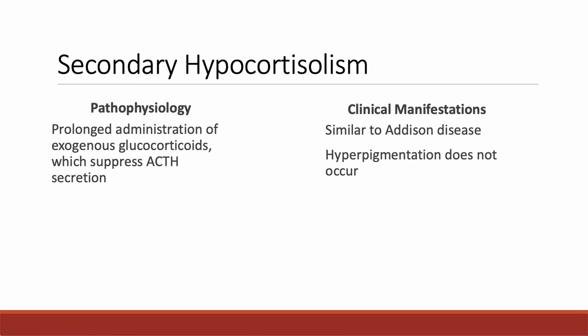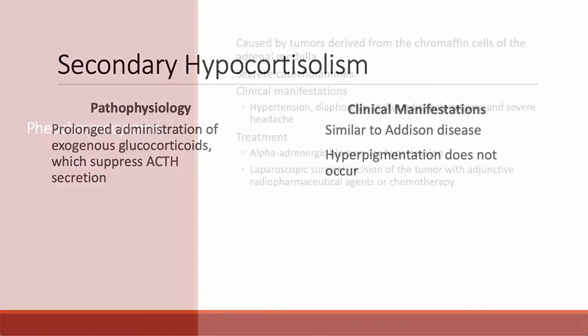And then you stop the exogenous glucocorticoids, and then the adrenal glands just fail. There's no production because it takes time for that feedback loop to kick in. It takes a few days for that to even start to kick in. So that's why we wean glucocorticoids when we put somebody on them.